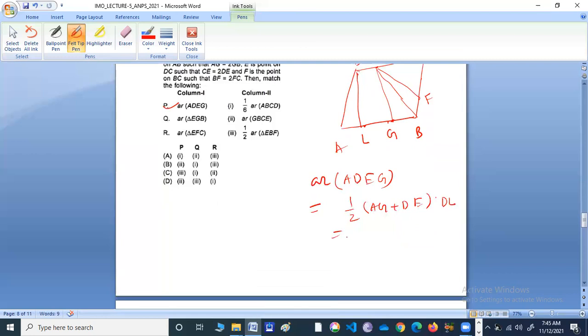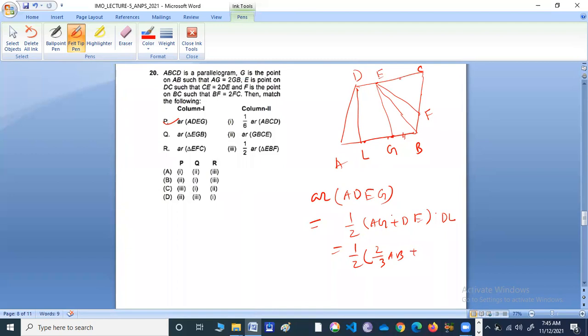So AG means what? AG means 2/3 AB, right? So I can write 2/3 AB because this is 2 times this, so this portion is 2/3 of the whole. Similarly DE will be 1/3, that's why I have given this point so that you understand.